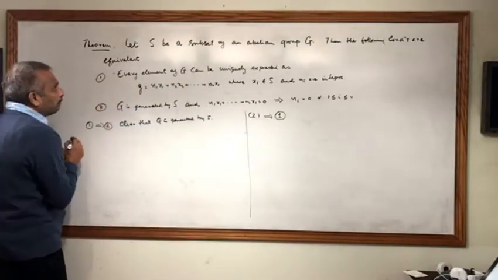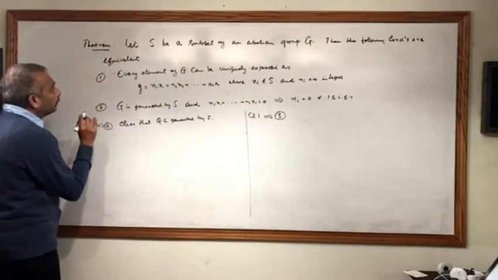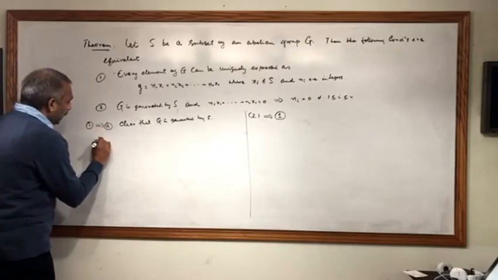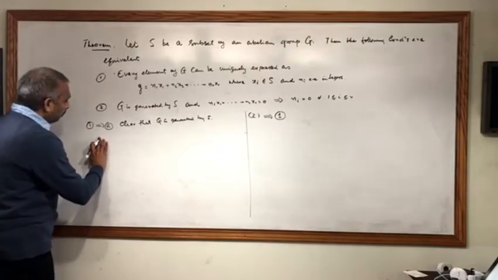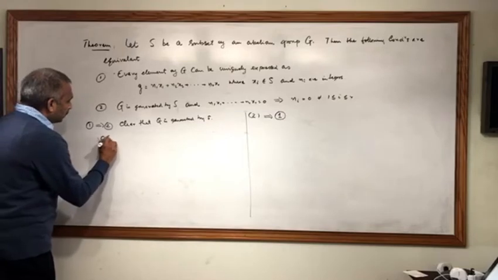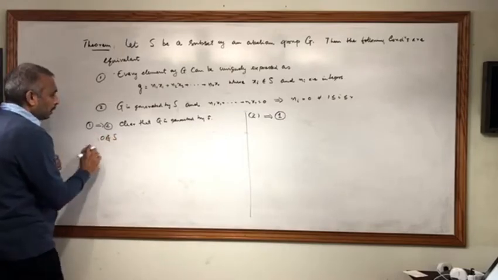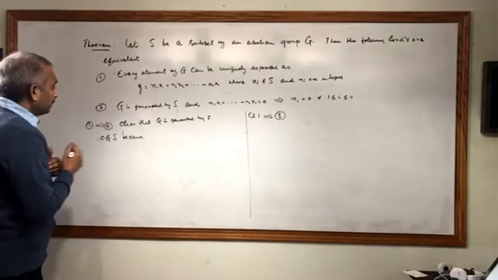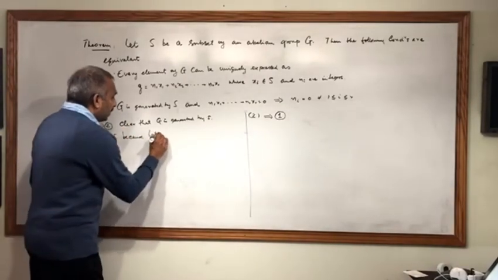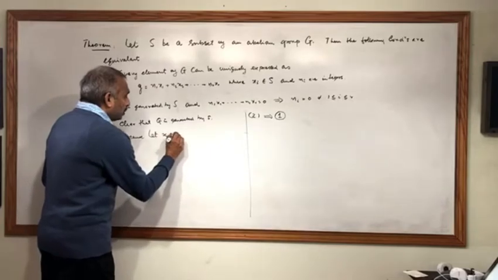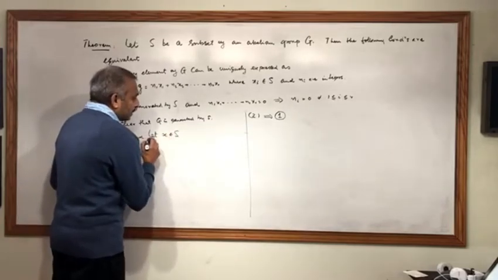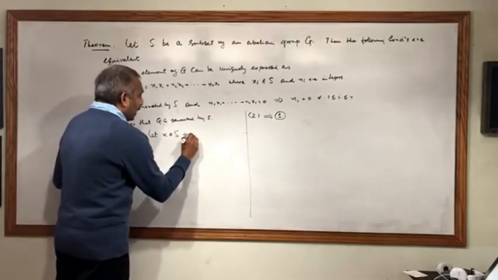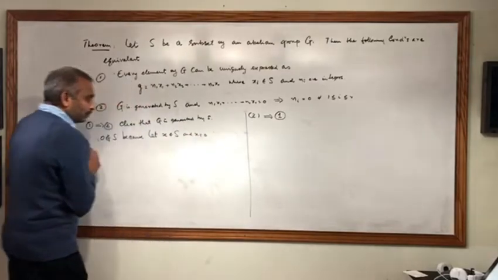The first claim we are going to make is that 0 does not belong to S, because let x belong to S and x is equal to 0.